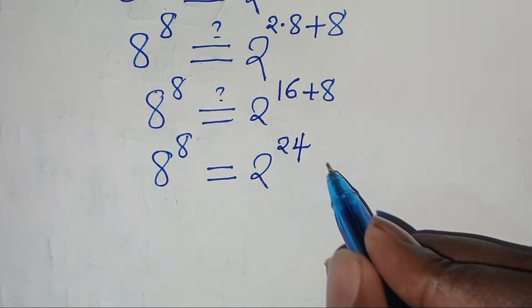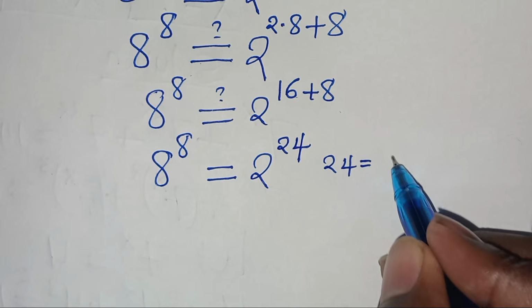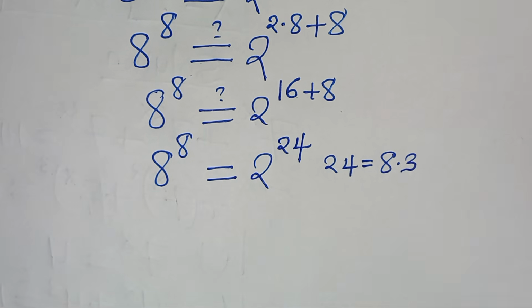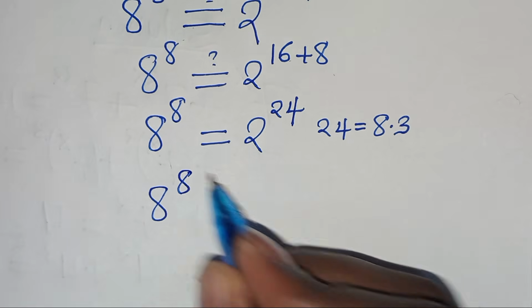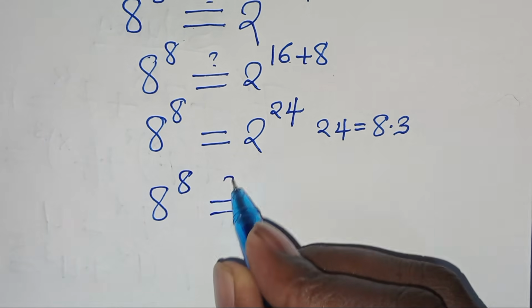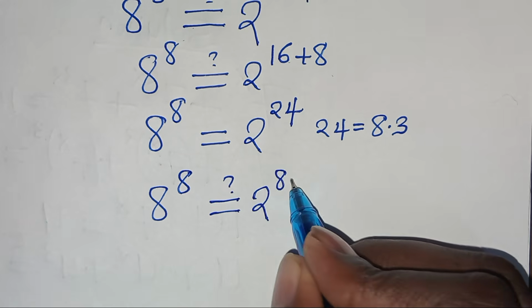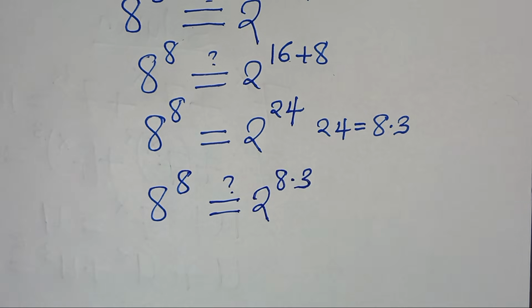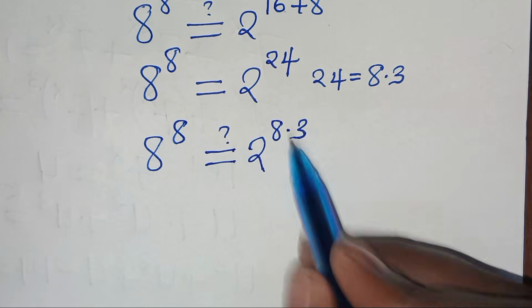The next step is that we can express 24 as 8 multiplied by 3. So we have 8 raised to the power of 8 equal to 2 raised to the power of 8 multiplied by 3.